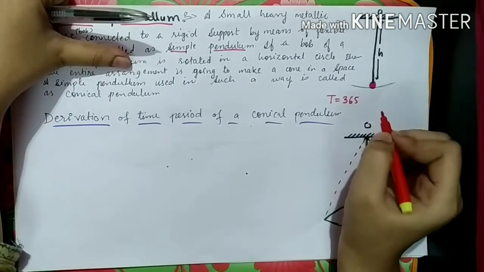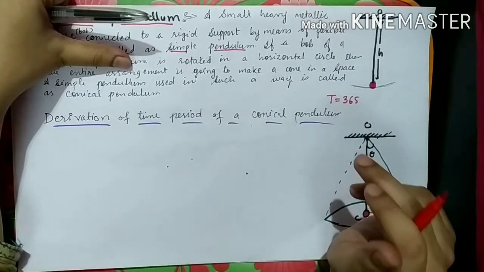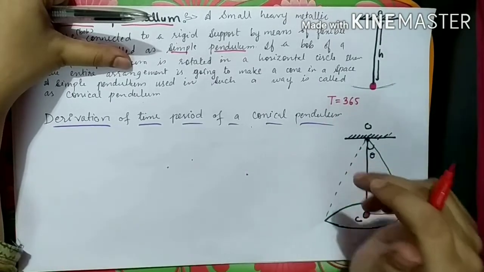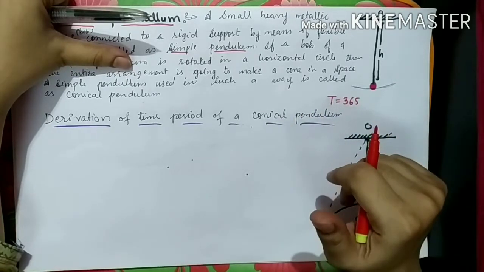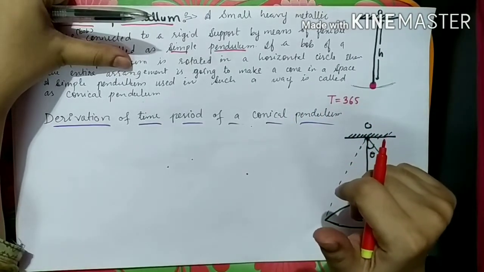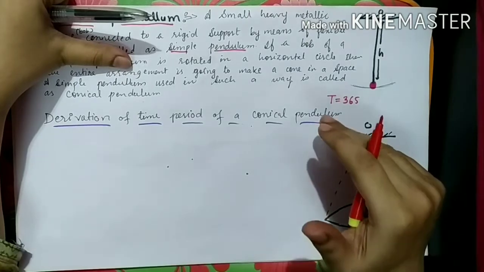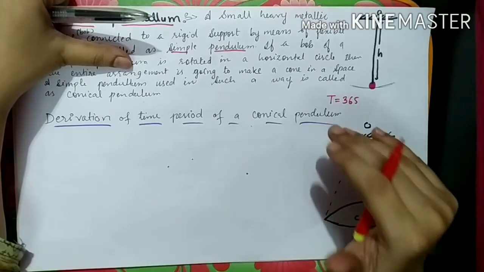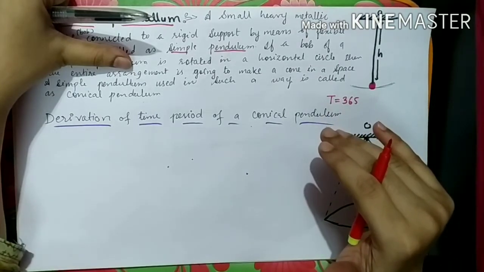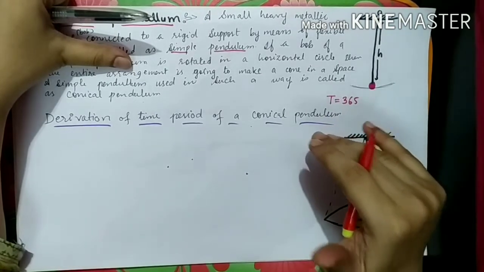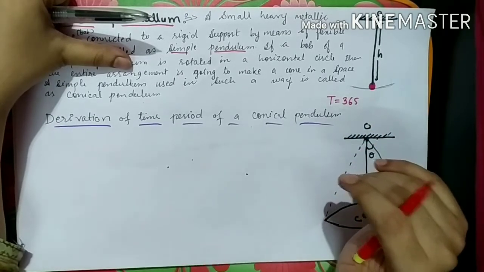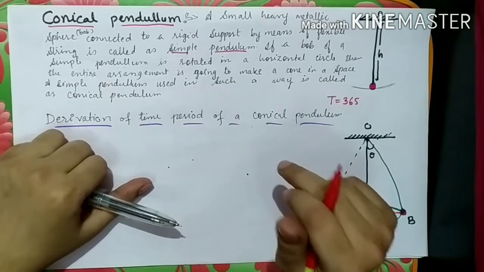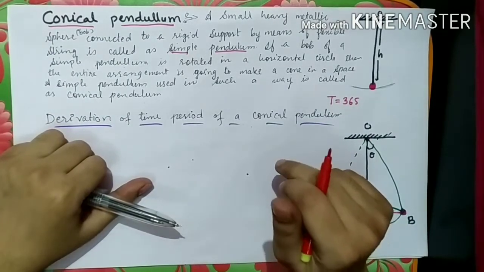So time period is nothing but the time taken by a particle or an object to perform one set of motion, whatever the type of motion, whether it is circular motion, rotational motion, or oscillatory motion, provided that the motion is periodic.